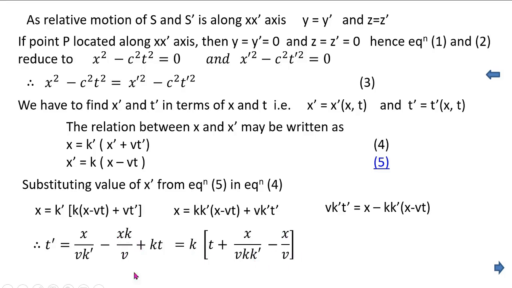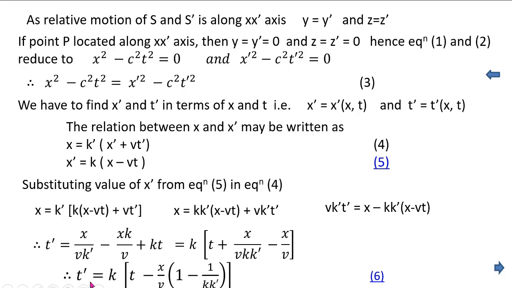Then t dash is equal to k in bracket t plus x upon v k dash minus x upon v. Then take x upon v common from these terms. Then t dash is equal to k in bracket t minus x upon v, taken common, into bracket 1 minus 1 upon k k dash.